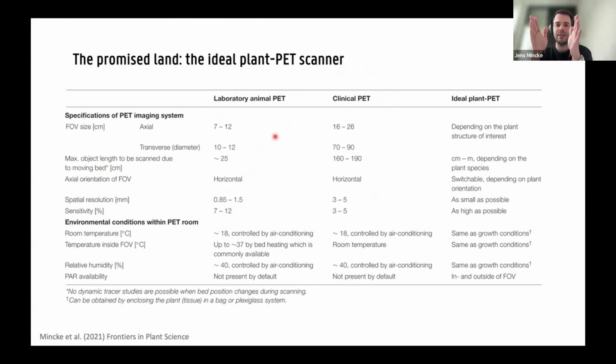You are confined by the space that's inside the scanner, whereas the clinical PET has a broader space that can be imaged, but at a resolution that is somewhat worse compared to the laboratory animal PET. And of course, the ideal situation would be that a plant PET would be constructed. Last Wednesday, I heard from colleagues from Italy, the group of Professor D'Ascenzo, that they constructed a plant PET that was able to acquire PET images in the field. So it's very promising.